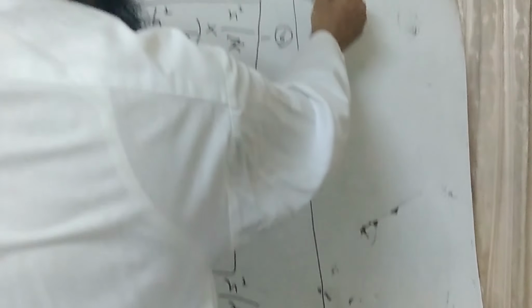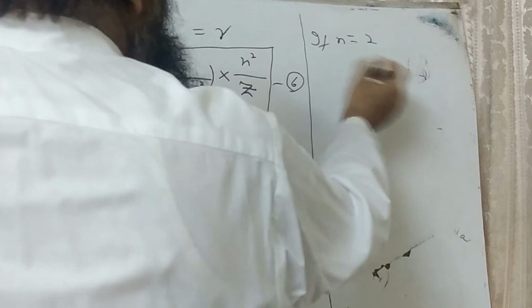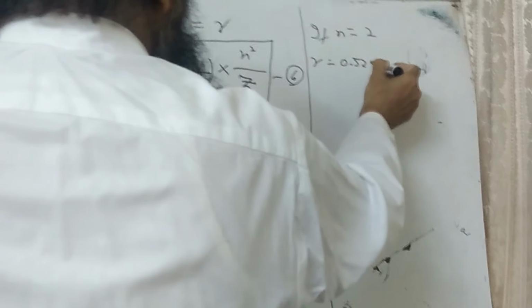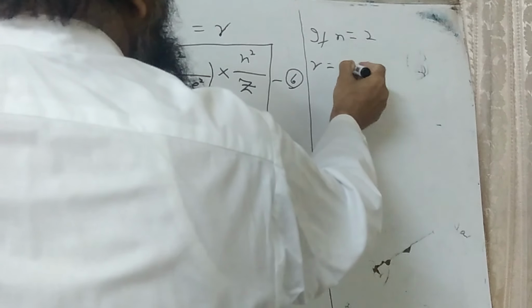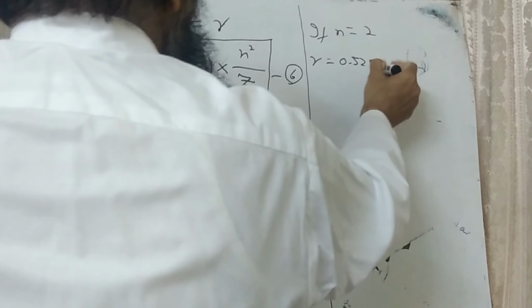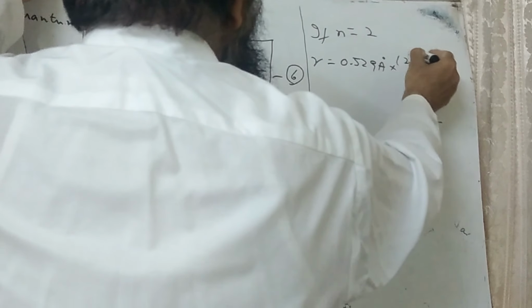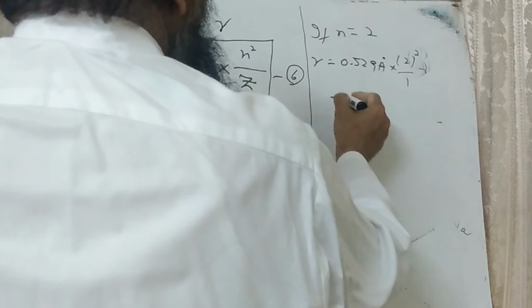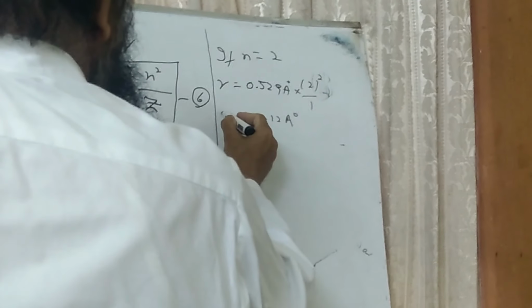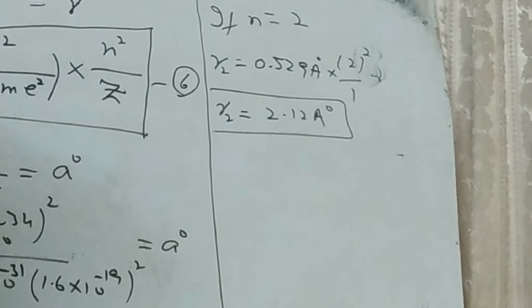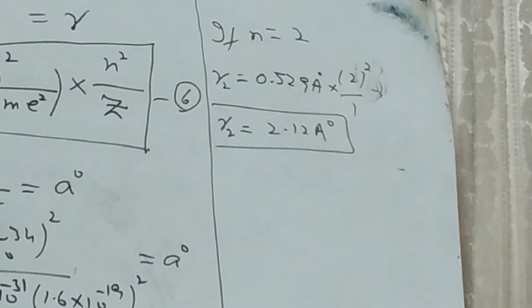Now if n is equal to 2, then R is equal to 0.529 angstrom multiplied by 2 square divided by 1. So this is equal to 2.12 angstrom. This is the second radius. So we can say that the radius increases by increasing the n value.